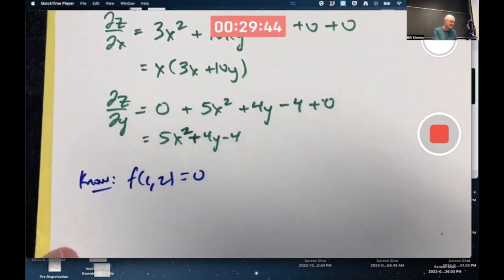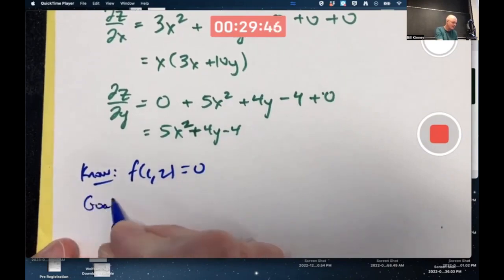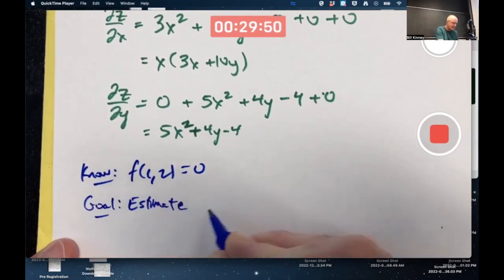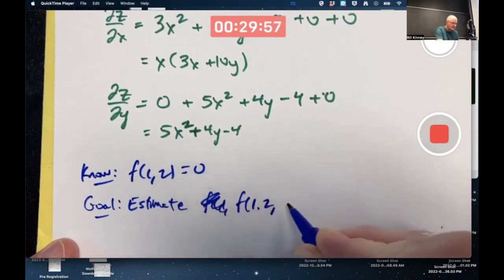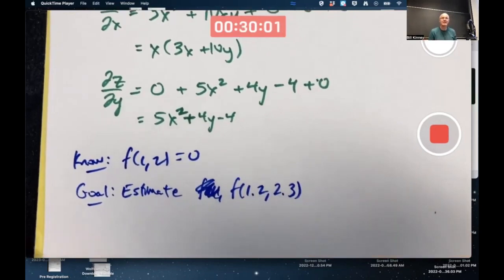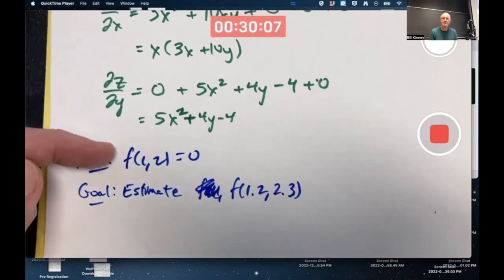I might want to estimate f of 1.2, 2.3. Now I'm estimating a multivariable function value. It should be close to 0, but not necessarily exactly 0.